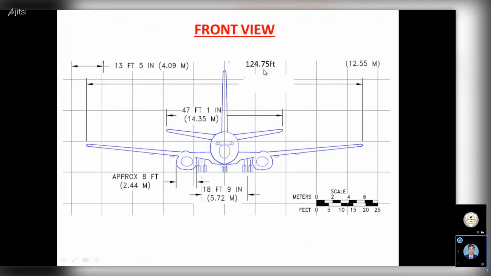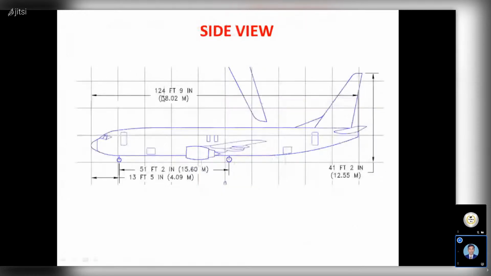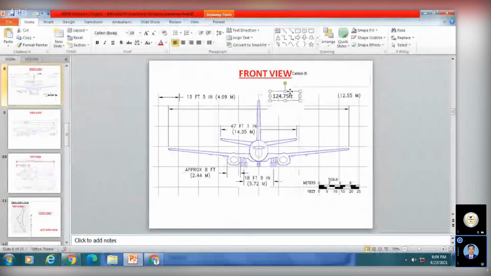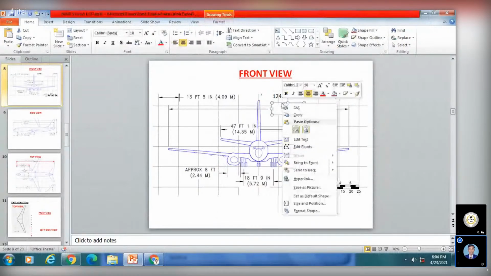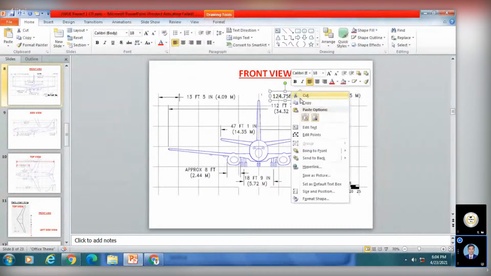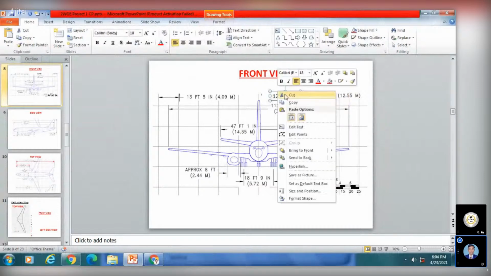Sorry, this has to be here, 124. This value does not belong to this one. Let me delete this. Yeah, this is right, and this value has to come here.